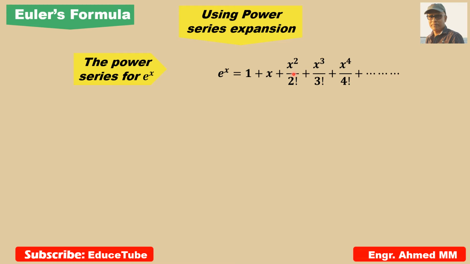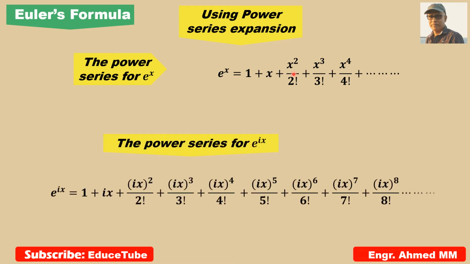So what we will do is write the power series for e to the power ix. It means we are putting i in this series. Here it is x, and we are putting ix. So what will be the changes? All the x positions we have to write ix, because we are trying to find the powers of i.